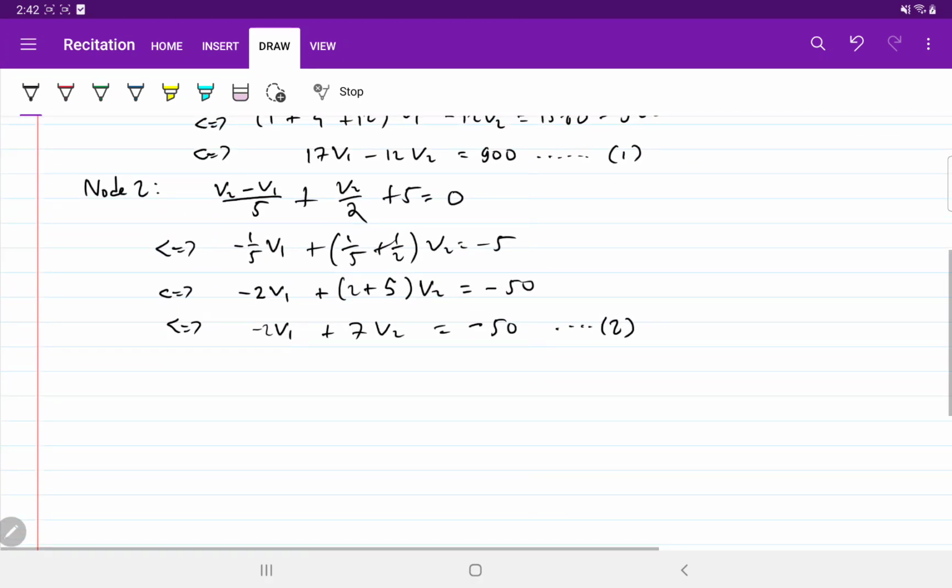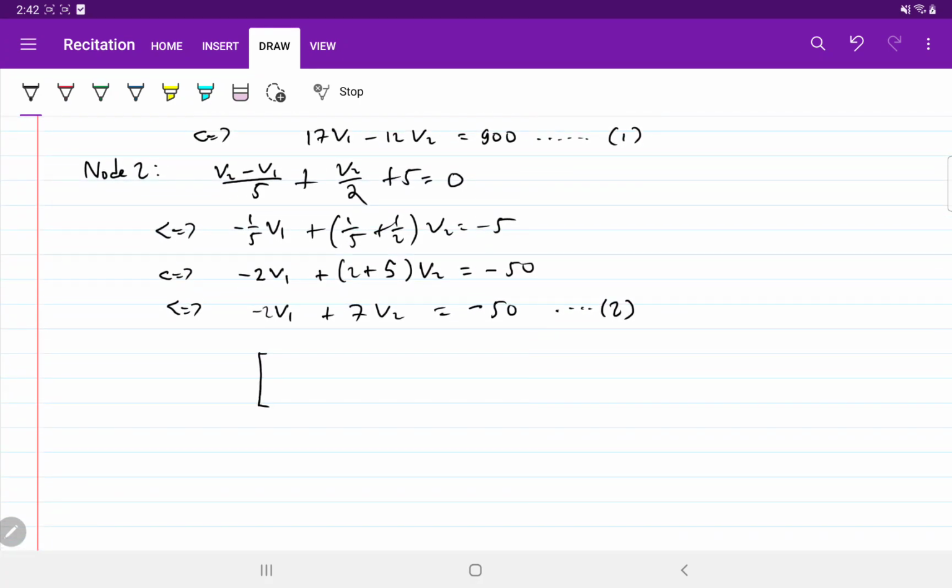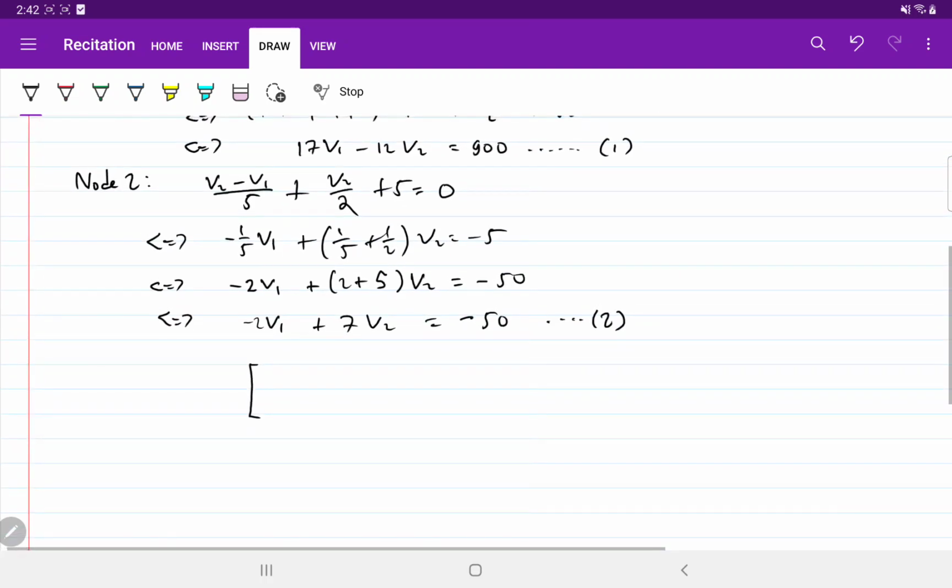So from the first and second we can write using matrix form, because essentially we want to solve the first and second equations, right? We have two equations and two variables V1 and V2, so we want to find the values of V1 and V2 that satisfy the first and second equations.